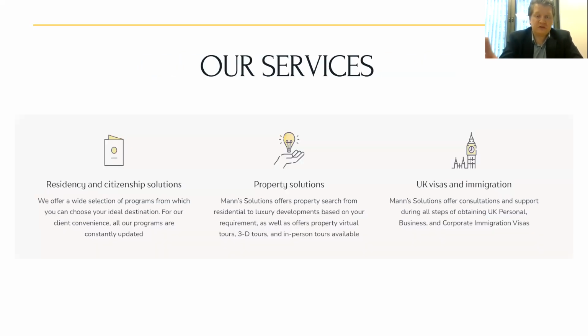Specifically, we cover three types of services. First, UK visa and immigration, for which we have a license to provide such services, the OISC license. Then we provide residency and citizenship solutions, covering more than 20 programs, such as Cyprus, Malta, Ireland, US, Australia, Thailand, Turkey, Caribbean, Portugal, Spain, and other countries.